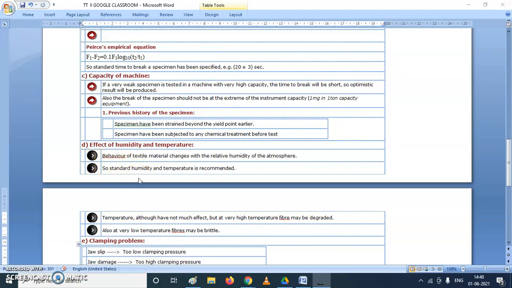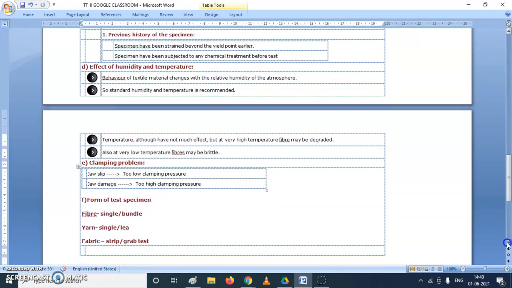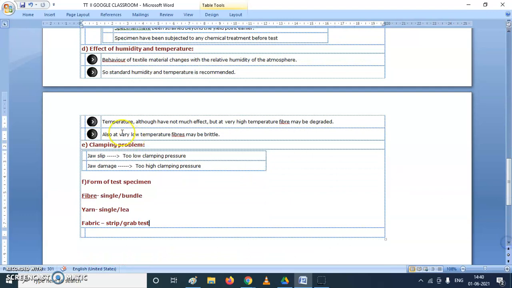It has been observed that at higher humidity, all the fibers become more extensible. Higher regain fibers are more affected by humidity, and temperature also slightly affects the tensile testing results of textile materials. Now the next factor is clamping problem.